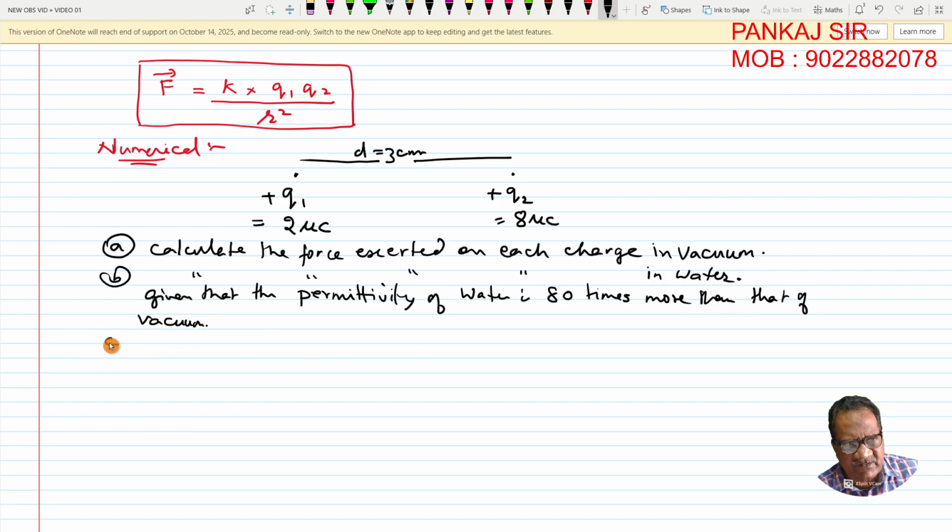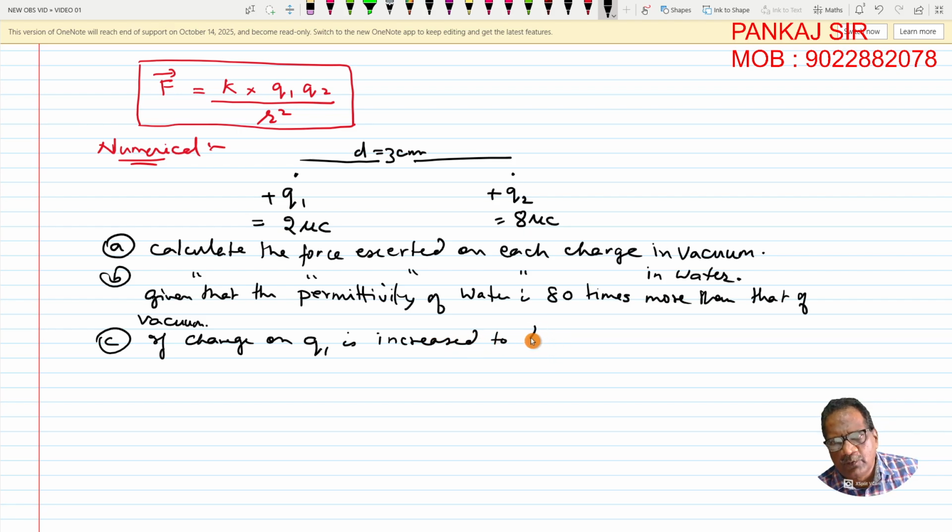Now the C part of the question is, if charge Q1 is increased to 4 microcoulomb, instead of 2 it has been increased to 4 microcoulomb, now calculate the force between them.